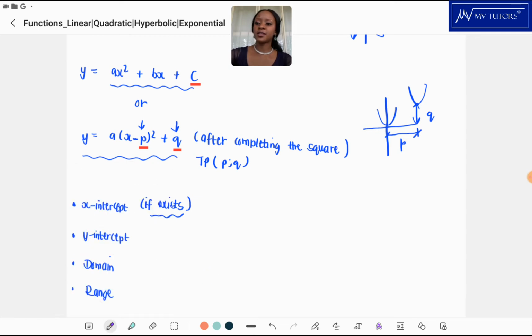So if it exists, let's say you have your parabolic function and it's there at the origin. Okay, so you're only going to have one x-intercept, there where it's 0 and 0. So basically, if your turning point touches the x-axis, you're just going to have one x-intercept, which is your turning point.